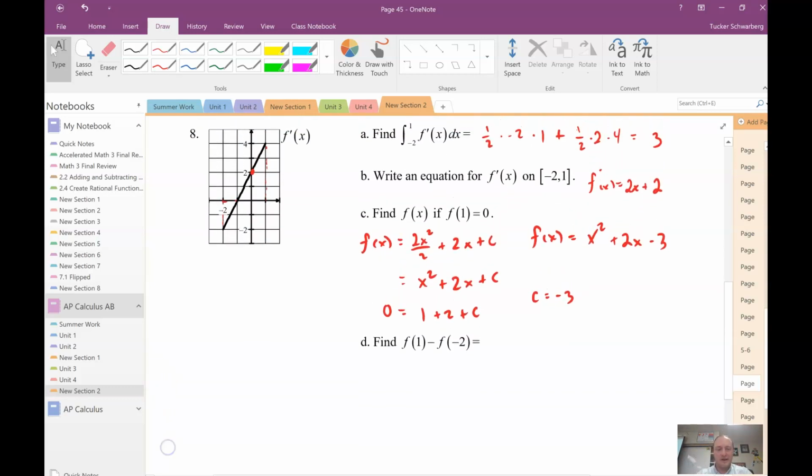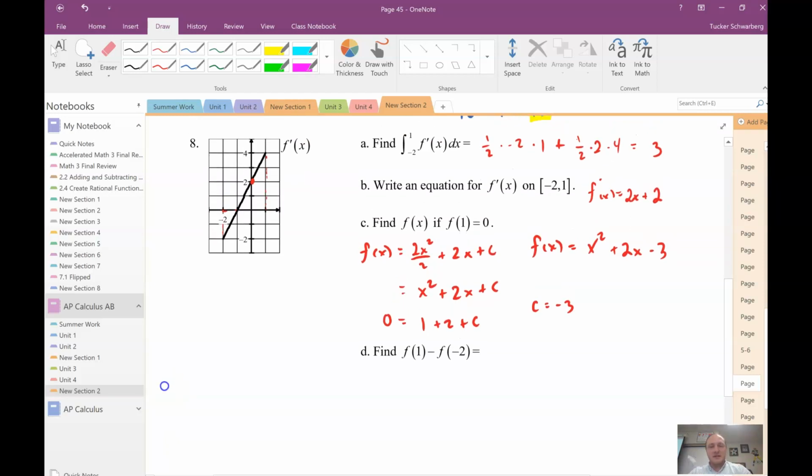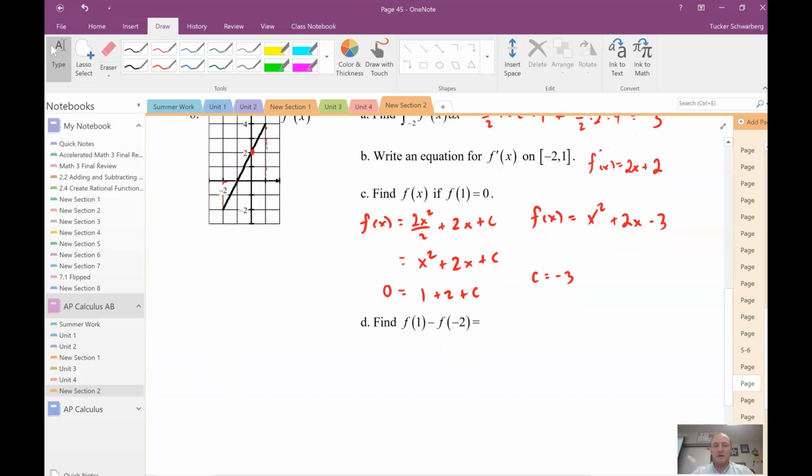And then D. Now they want us to find the displacement, so from f of 1 to f of negative 2. We'll plug this in. We get 1 plus 2 minus 3, and I'm going to subtract f of negative 2.